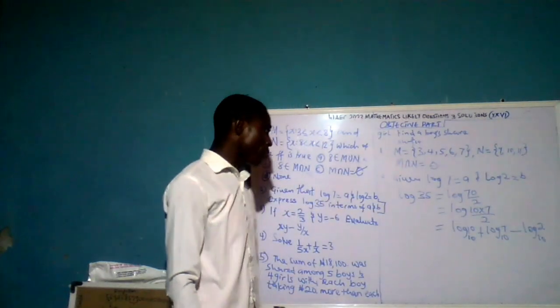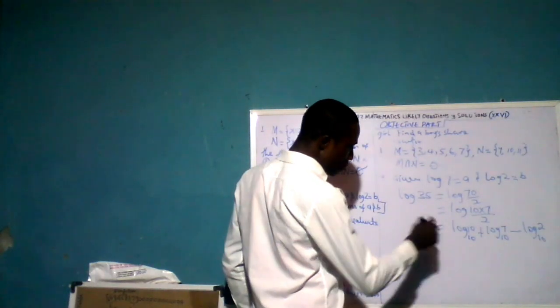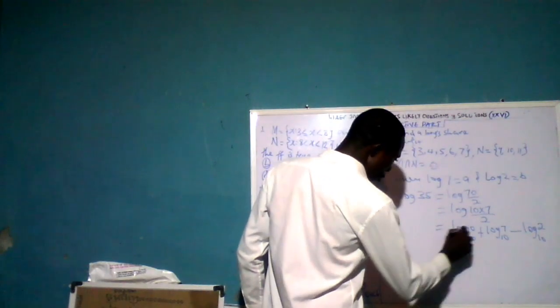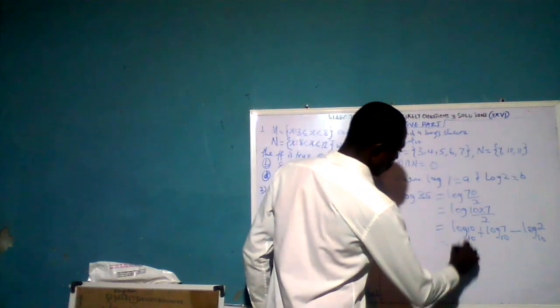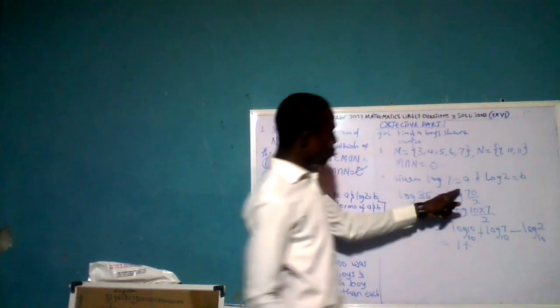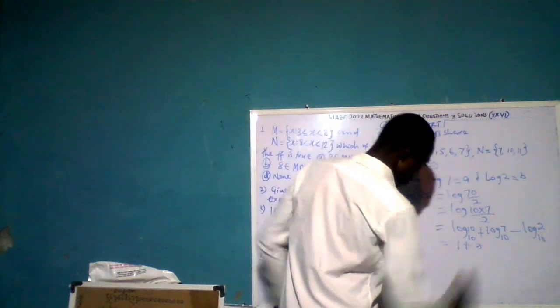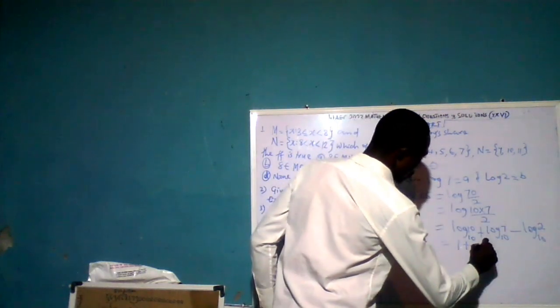From here, we know that log of a number to the base of the same number will give you 1. Therefore, log 10 to base 10 will give you 1. You have 1 here, plus logarithm of 7 to base 10, which has been given to us to be a, so plus a. Then logarithm of 2 to base 10 has been given to us to be b.